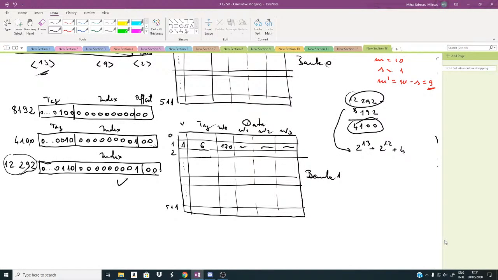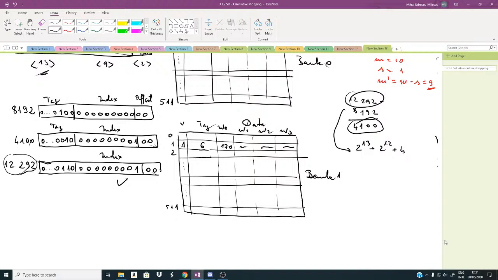And in this example, you can clearly see why set associative is a little bit better in dealing with this situation where your program, your software involves many blocks, and when you have direct mapping, some of these blocks will kick each other out of the cache, because these blocks are mapping at the same index.